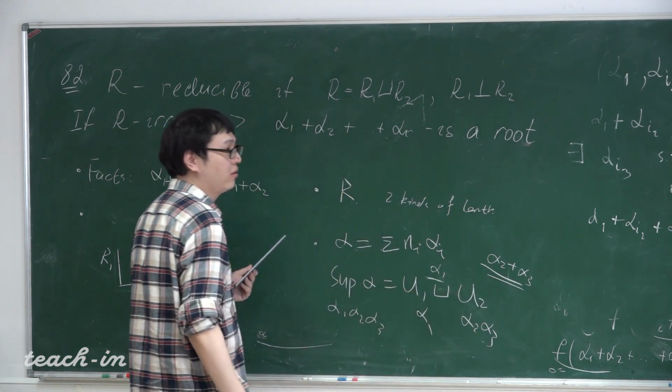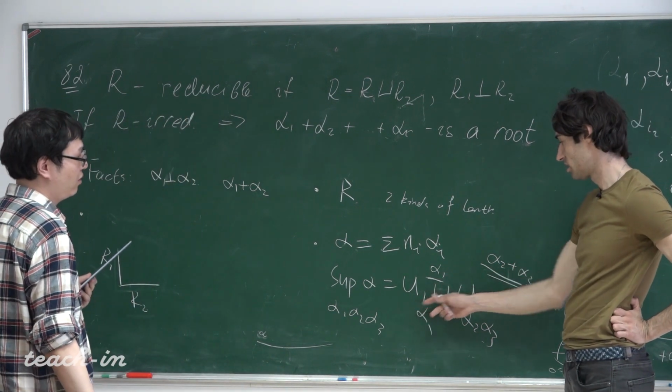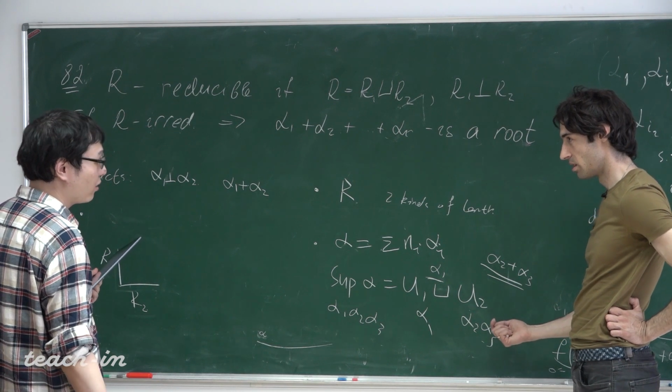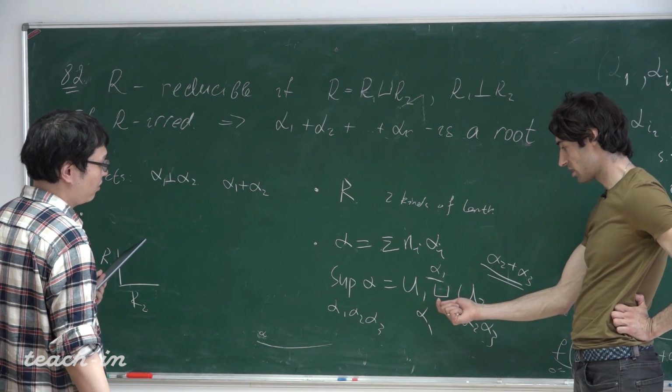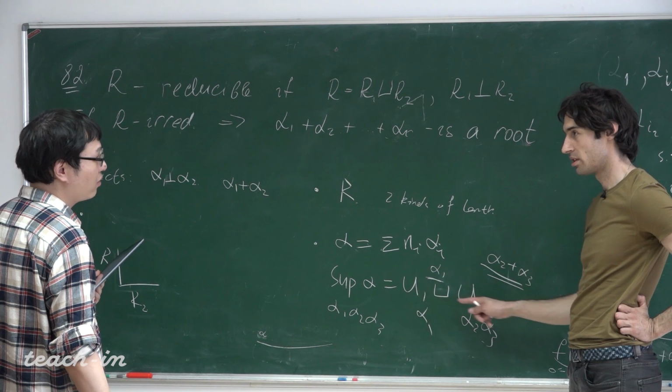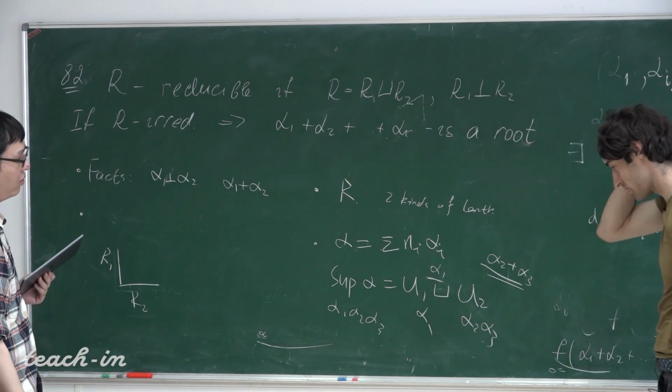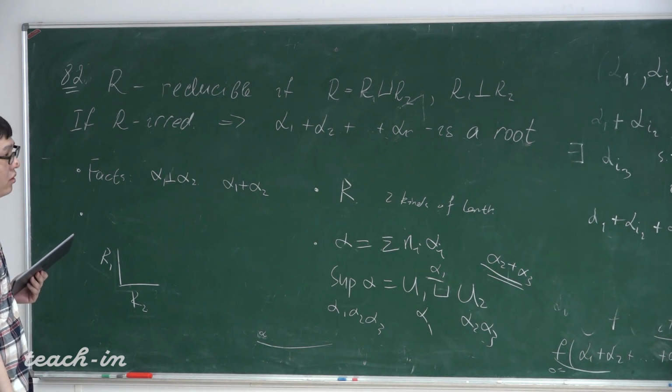So you take all simple roots here, consider their sum. Since you assume that U1 and U2 are irreducible, of course, these two sums are roots.